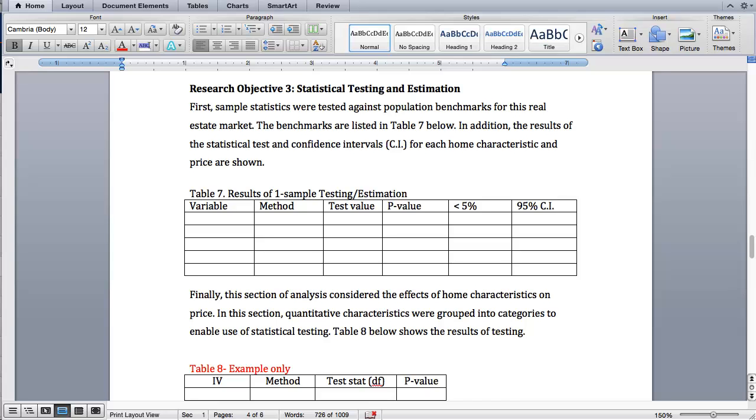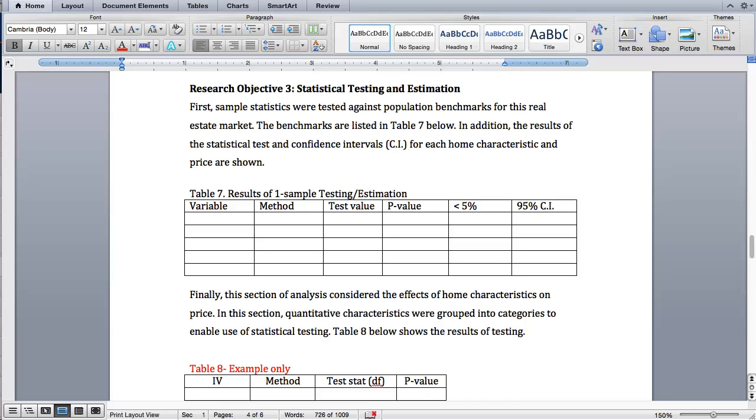So here is a screenshot of the case report template, and we're looking at research objective 3. So let's read a little bit. Sample statistics were tested against population benchmarks for this real estate market.